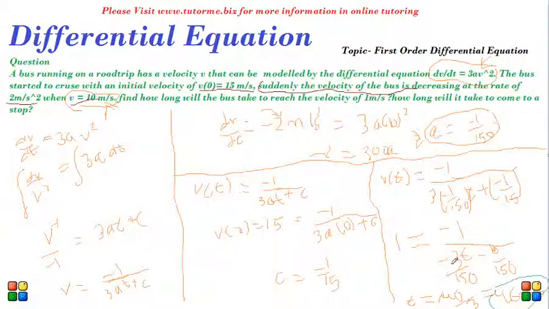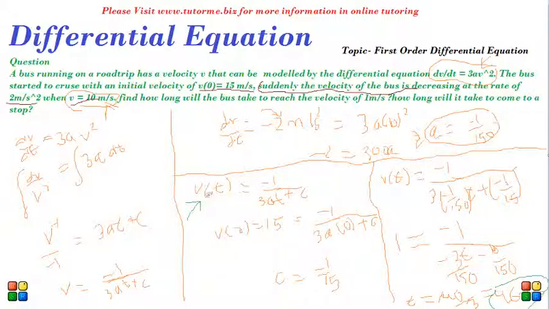For the second question, we are asked to find the time for the bus to come to a stop. But we can actually answer this without doing a calculation. If you focus here, v of t is given by negative 1 divided by 3at plus c.